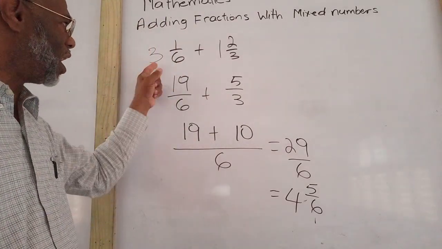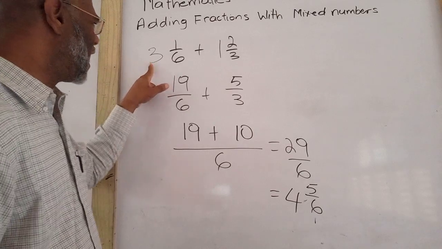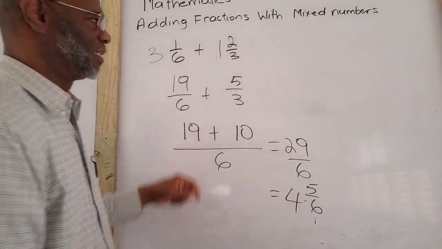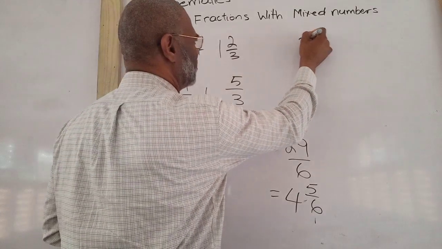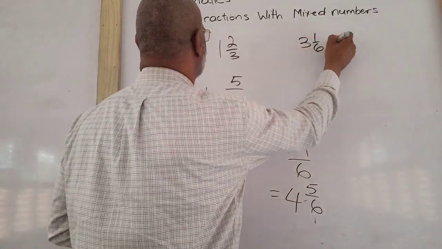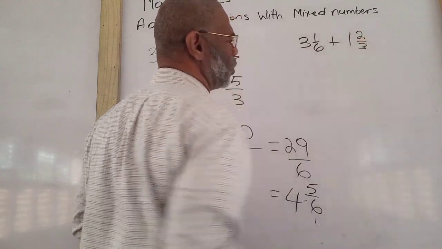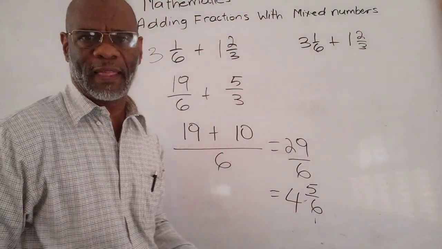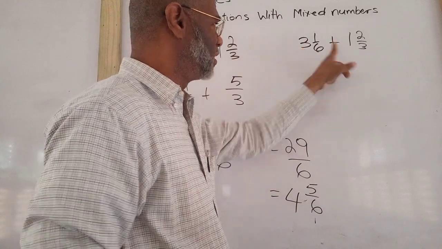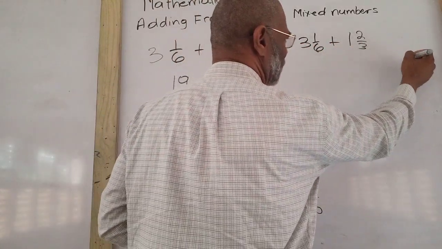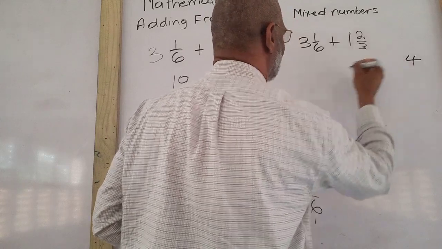Now let's do it the other way. So if we were to add the whole numbers first, let's put it here. 3 and 1/6 plus 1 and 2/3. What some persons do, they take out the whole numbers, so they'll say 3 plus 1 is 4, and they'll put that 4 there, right?